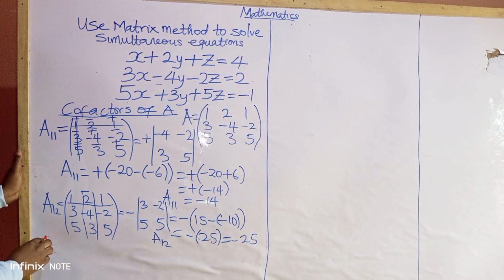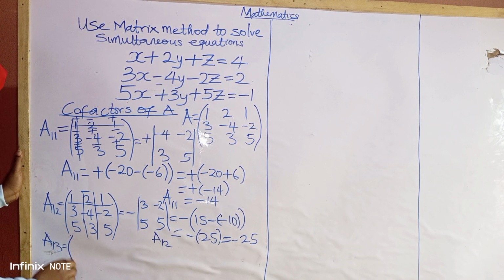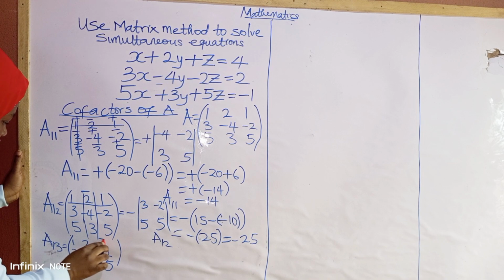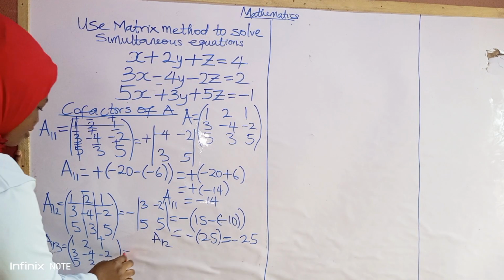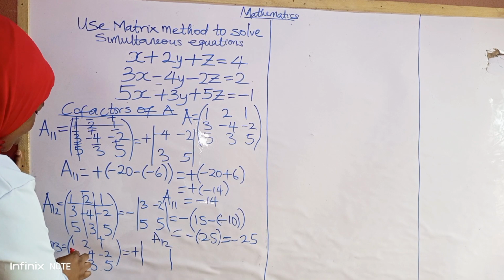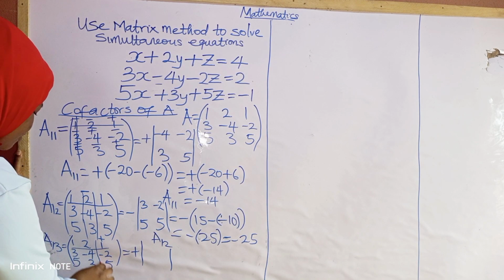So here 1, 2, 1, 3, minus 4, minus 2, 5, 3, 5. Because I'm explaining, I have to take my time so that you understand it at once. So here it is plus. So I have plus, then determinant of, cover it horizontally, cover it vertically.